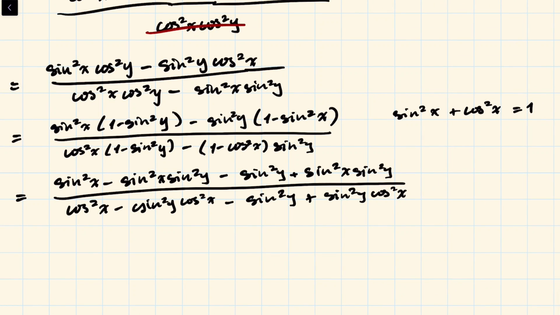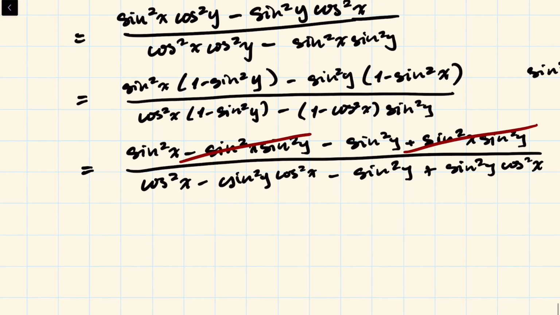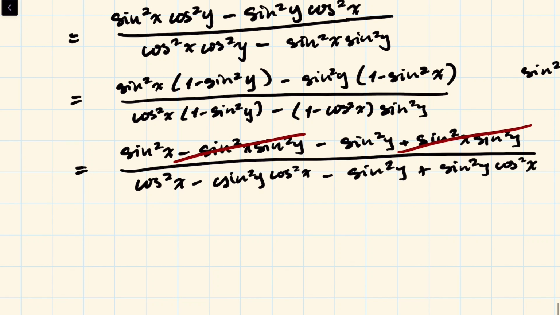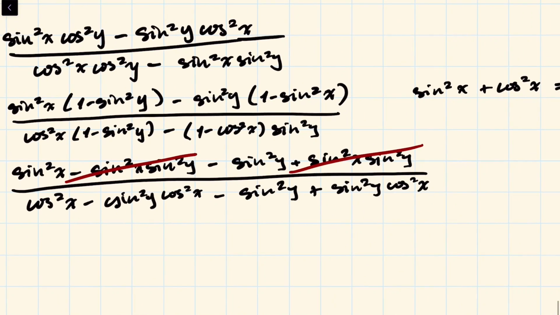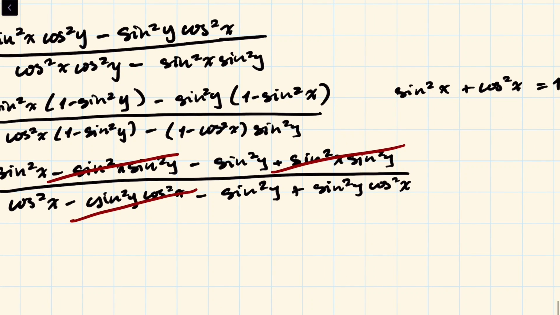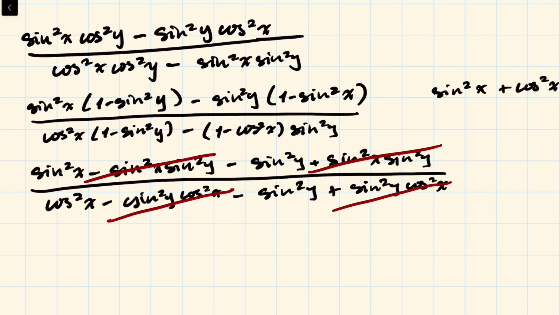Okay, now we can cancel a couple of things out here. This cancels with this. They're the same term, and they're equal and opposite there. And at the bottom, in the denominator here, we have this sine squared y cos squared x, and this one too, and they cancel out.